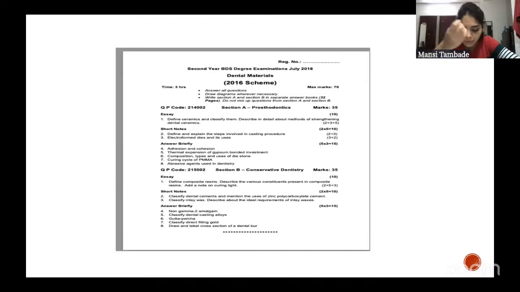Then the next step is the lost wax technique, as I have said. We put the investment inside the ring liner and casting ring, and put it into high temperature, because we have already put the bonded investment into it.